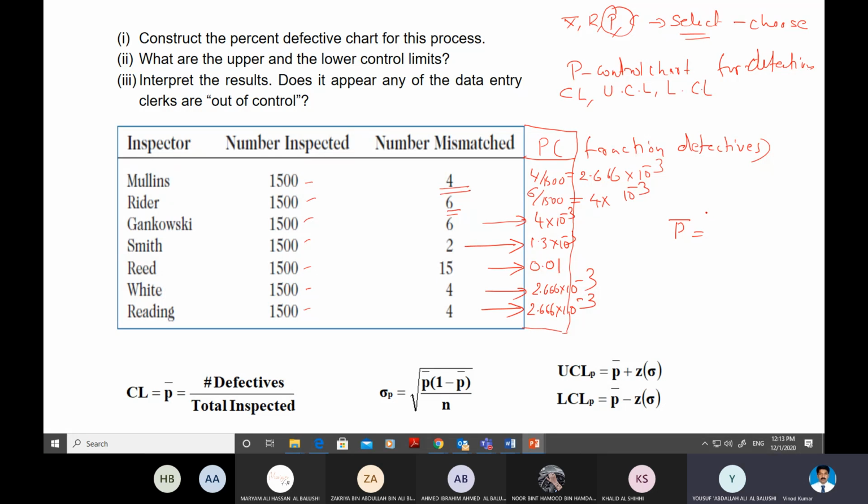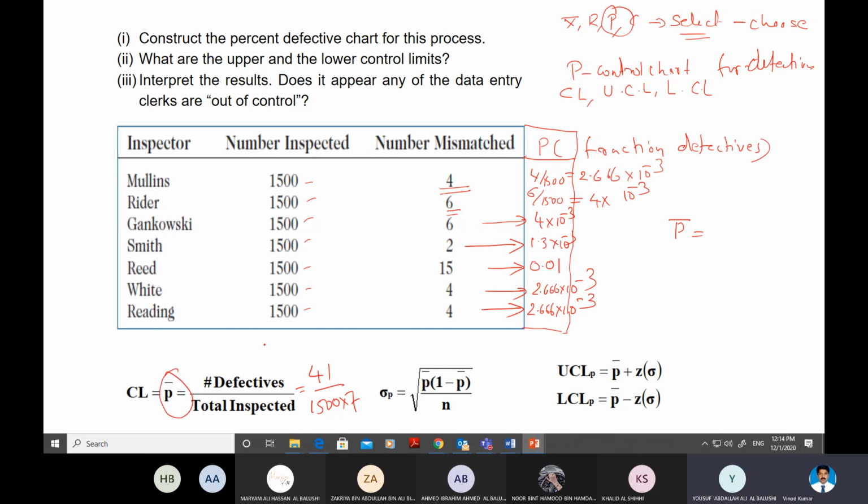Total defectives: 10, 16, 18, 33, 37, 41. Am I right? 41? Check it. Divided by 1,500 into 7. This is P bar.